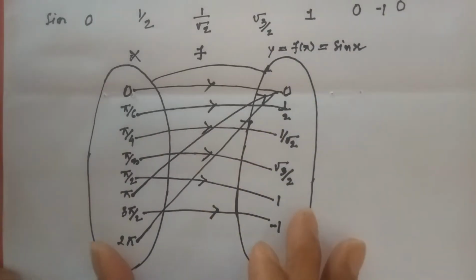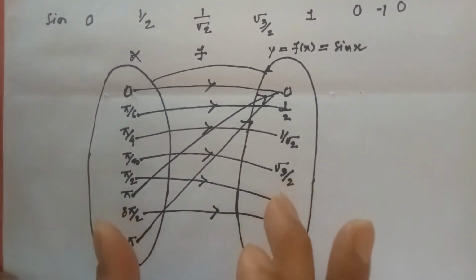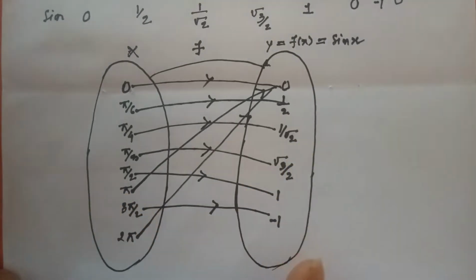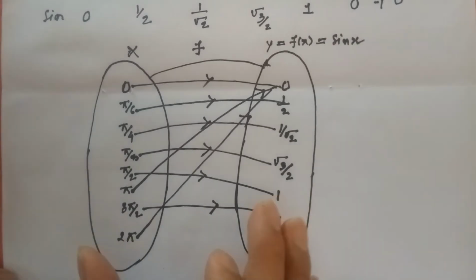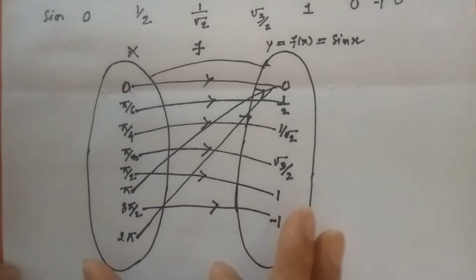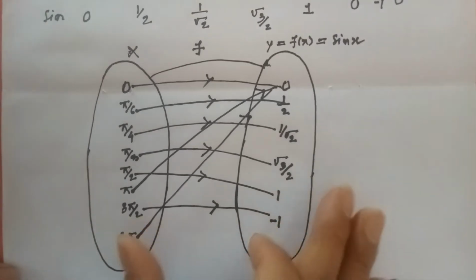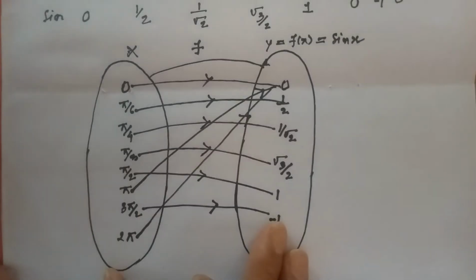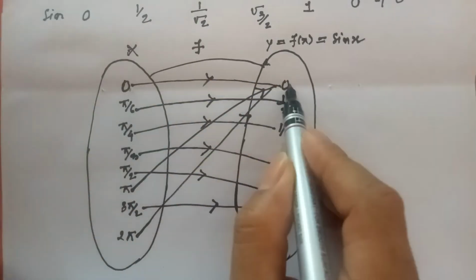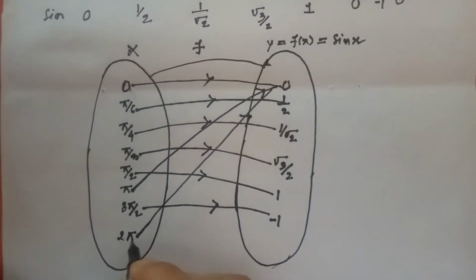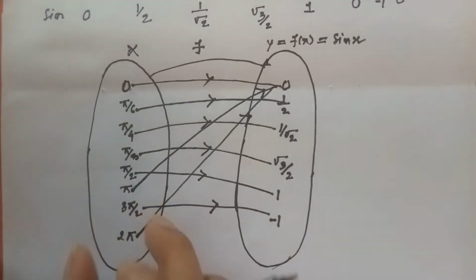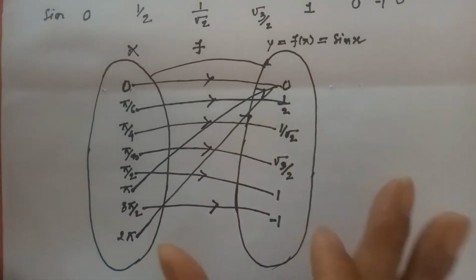So what we understand is that this is not a one-one function, this is a many-one function. If the function is not one-one, then inverse is not possible. So how is it possible to become the inverse of the sine function? As you see, 0 to 0, pi to 0, 2 pi to 0, and lots of such values go to many one.